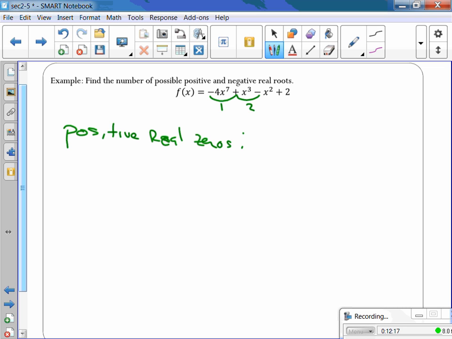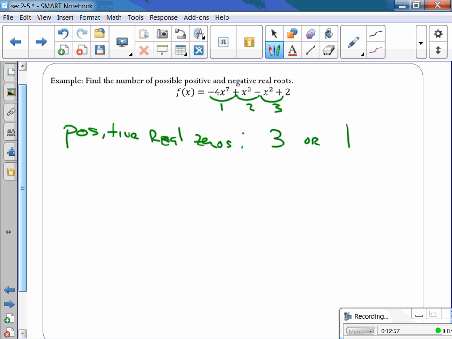So how many positive real zeros can I have? Absolutely. Since there are 3 sign changes, it tells me it's either going to be 3 or an even number less, 2. So 3 minus 2. It's either going to be 3 or 1 positive real zeros. For my negative, with 7, it would be 7, 5, 3, or 1, going all the way down to 0 or to 1. Correct.